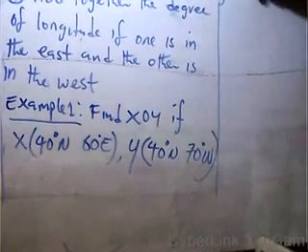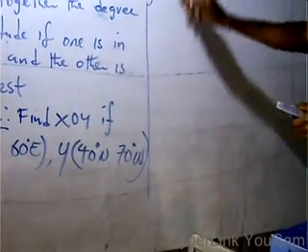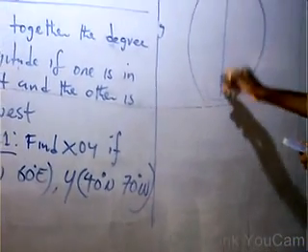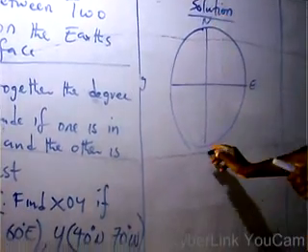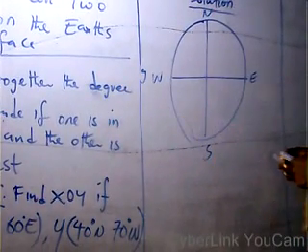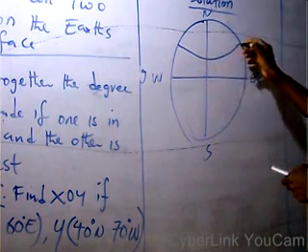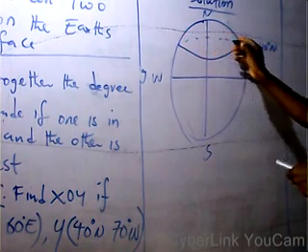So let's have our diagram. Solution to this is that this is the sphere, this is the axis of the earth, this is the east, this is the north, this is the south, this is the west. If we look at point X, 40 degree north is somewhere here, that is the latitude.